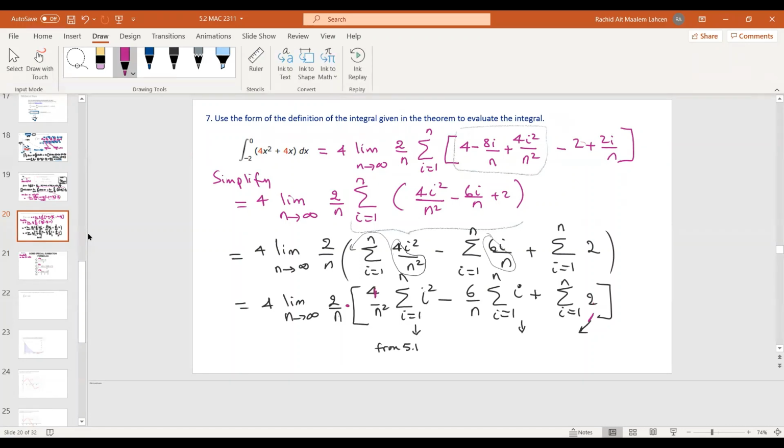So maybe you want to do that before you switch. Maybe I'll do it here, then we transition to another page. So the 4 is still sitting there. The limit as n approaches infinity, and you have 8 over n cubed.